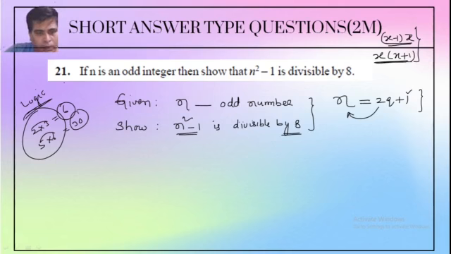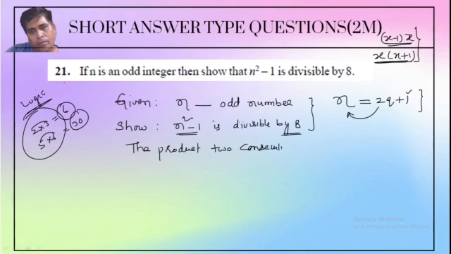The product of two consecutive numbers is always divisible by 2.